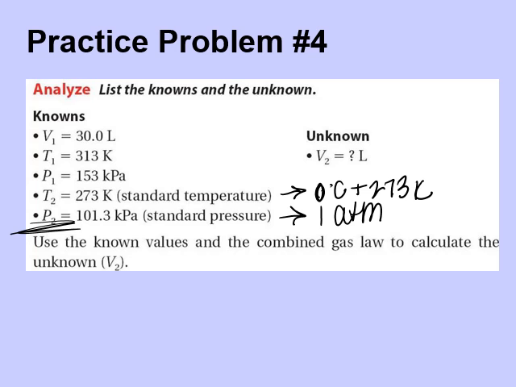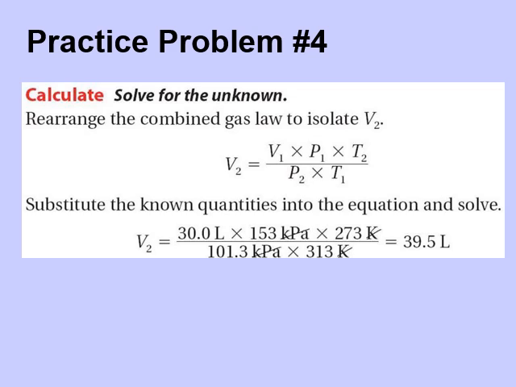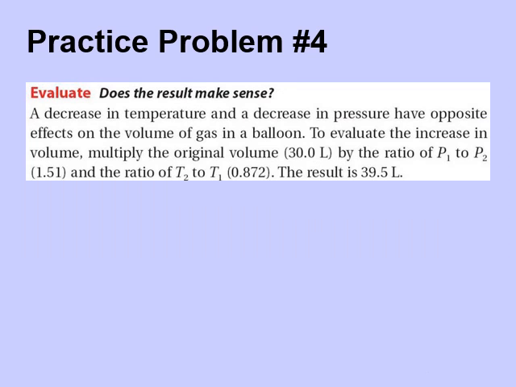So all we're looking for is V2, so we will sub that into our equation. Again, this has been rearranged. We do not have to go about rearranging it, but you most certainly can if you would prefer. So you substitute your known quantities in. Our volume one is in liters, which means our volume coming out is in liters as well.